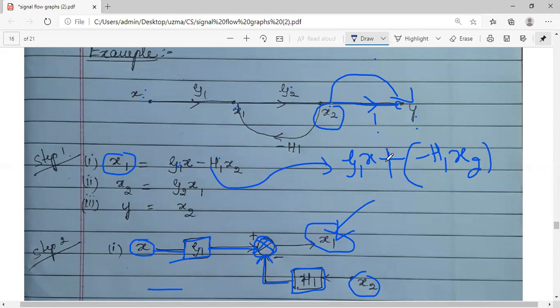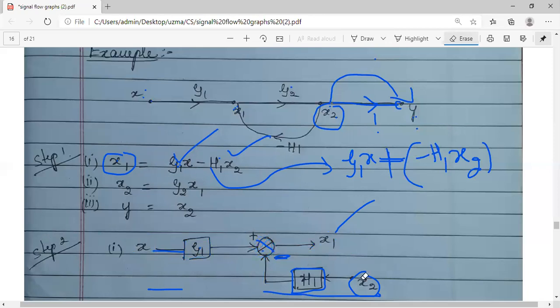That's why, as it is plus here, I'm using a summing point here, and you have a negative feedback. That's why it is indicated by minus sign here. So these are the two terms. First term is here, second term is here. So both are added, and the added answer is your x1.